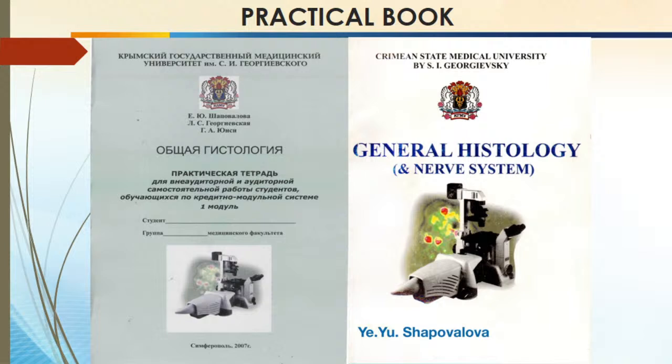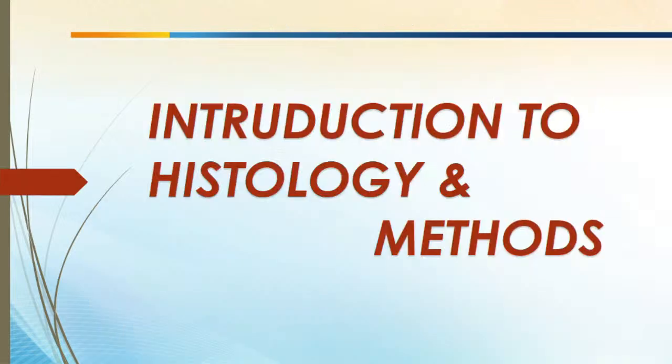In this practical book you have to answer some questions, fill in some tables and designate electron micrographs and schematic diagrams. Every practical class is current work. Well, thank you for that.